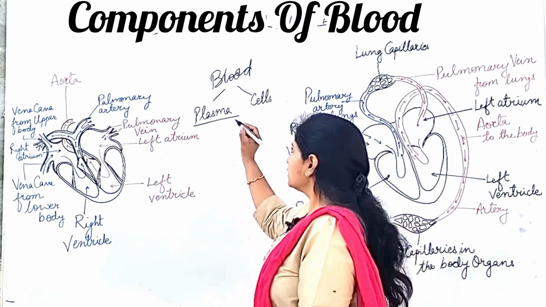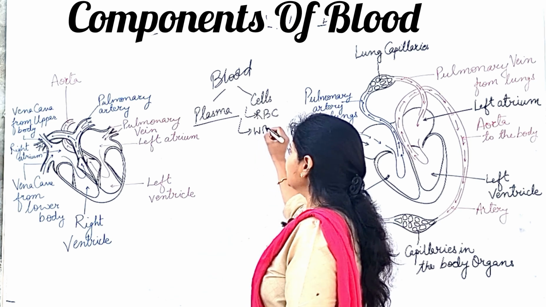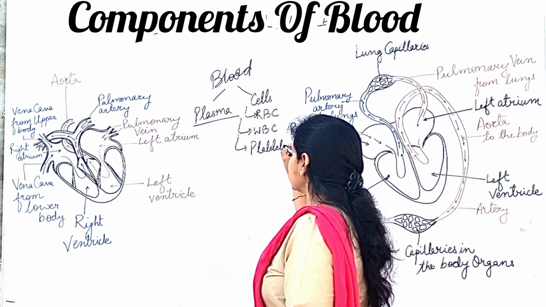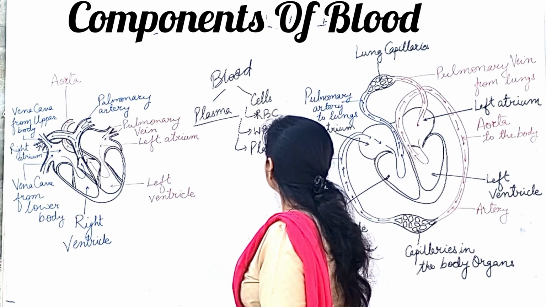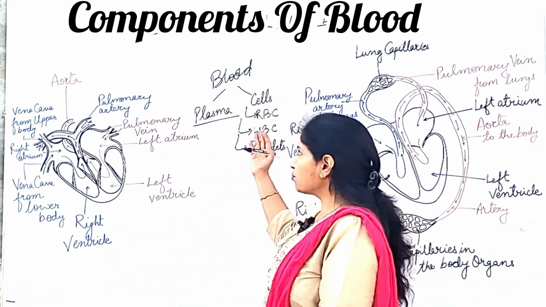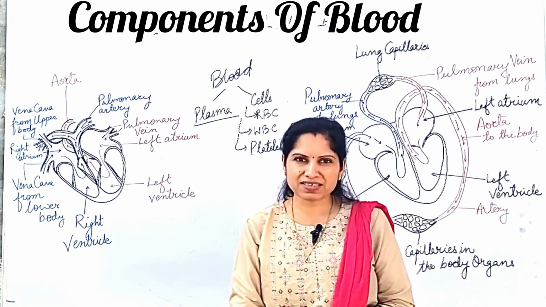Which cells are present? The RBC, that is the red blood cells, WBC, the white blood cells, and the third one is platelets, about which we have seen just now. Okay, so these are the components of blood. The fluid part of the blood is known as plasma. That can come as a 1 mark question.